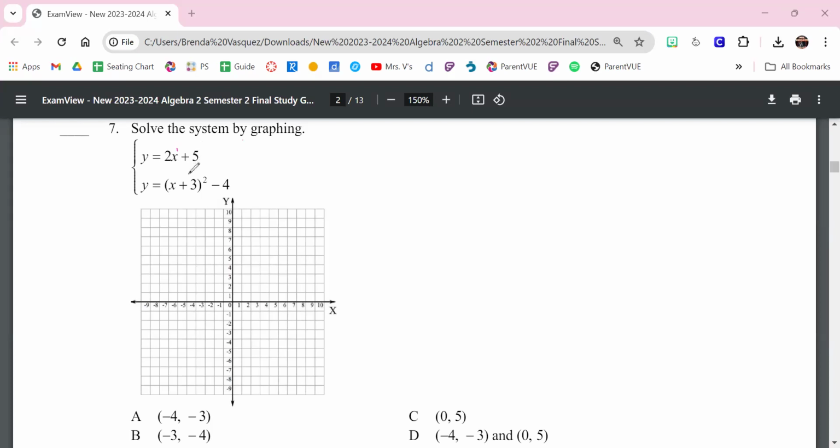So in order for us to graph that line, if you guys recall, we have our equation y equals mx plus b, where m is our slope and b is our y-intercept.